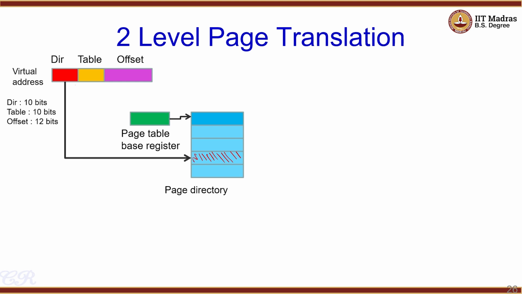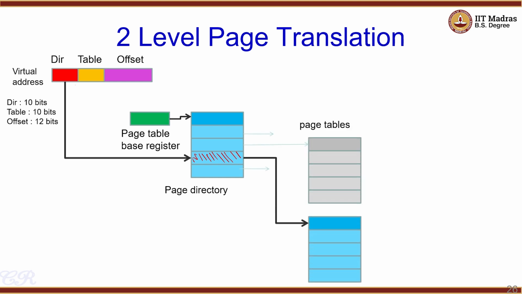This entry does not directly point to a page frame which holds the process data, but points to another level of page table, which is the second page table, and therefore this second page table can be indexed, right?